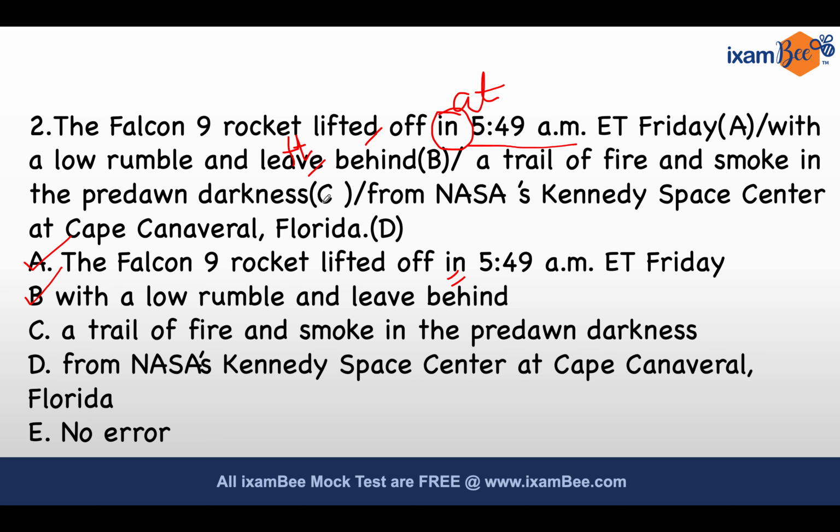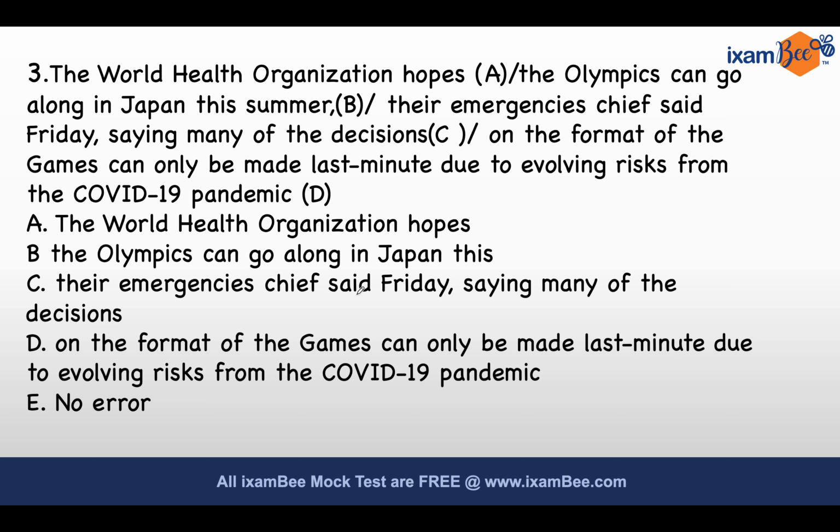So the Falcon 9 rocket lifted off at 5:49 a.m. Friday with a low rumble and left behind a trail of fire and smoke in the pre-dawn darkness. That's okay. From NASA's Kennedy Space Center at Cape Canaveral, Florida. Okay, let's move on to the next one.